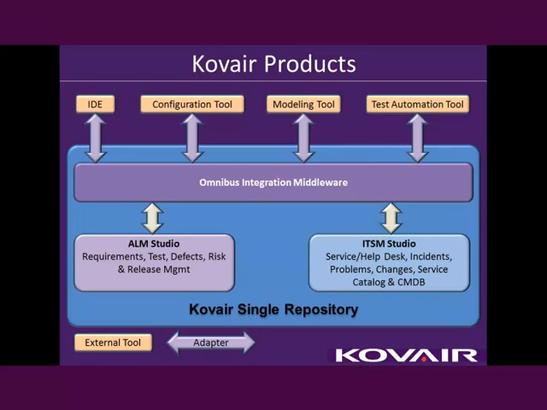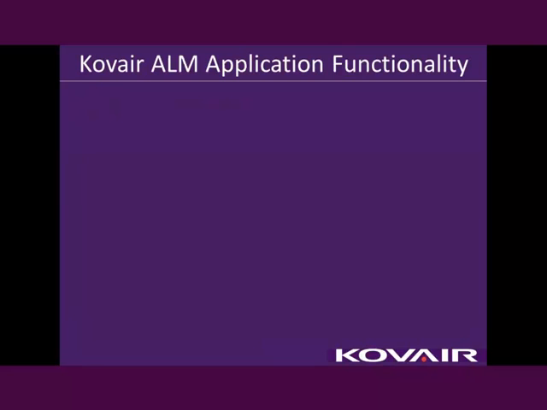Our ALM Studio and Omnibus integration middleware together can give you the largest ecosystem today of all the different third-party vendor tools. Also, you can create adapters for your in-house tool to create an end-to-end ALM application using various different tools.